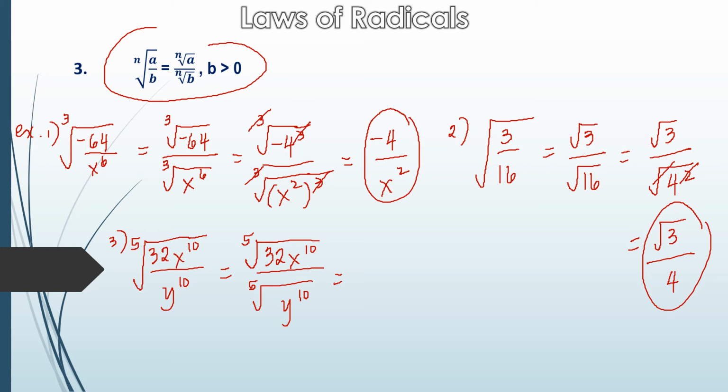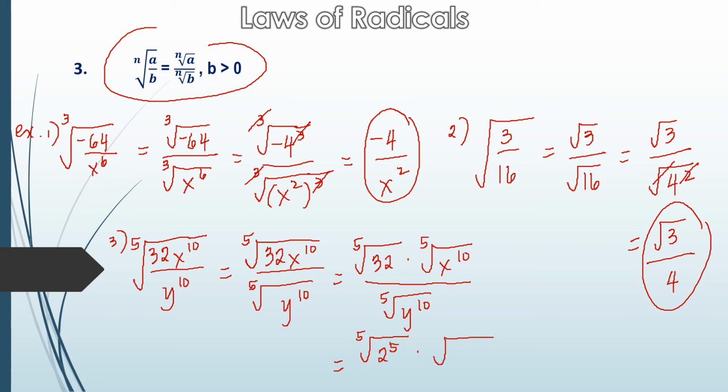Applying the second law of radical, the numerator is the same as the 5th root of 32 times the 5th root of x raised to the 10th power. So let's copy the denominator. If we express 32 in exponential form, that will be 2 raised to the 5th power.